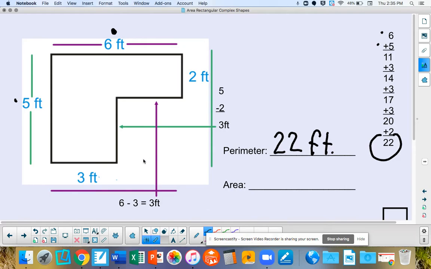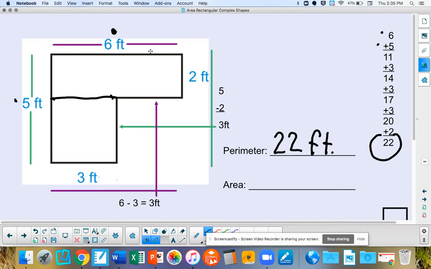Now, to find the area, we multiply our base times height. Well, in this case, it's a little bit tricky. What we first want to do is find a corner space, and we're going to cut this into at least 2 rectangles. Some shapes may need more.